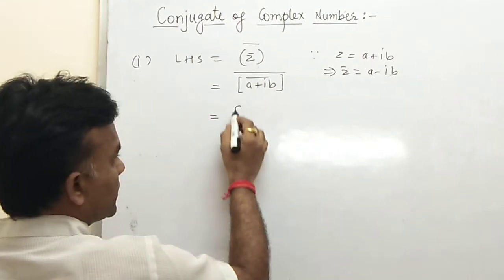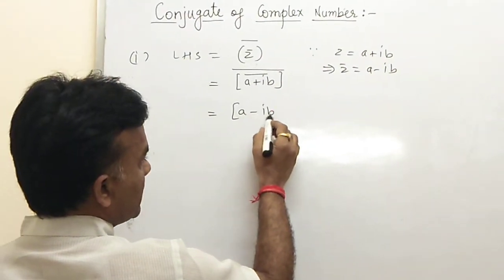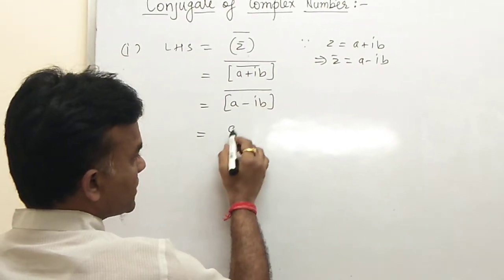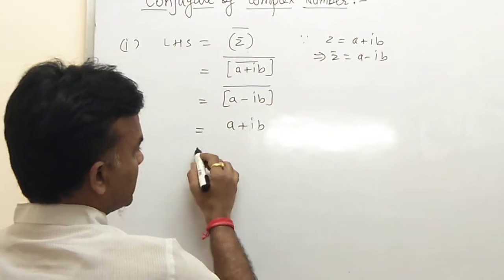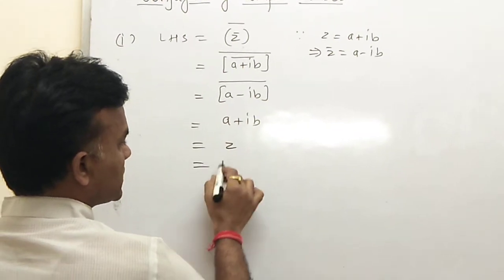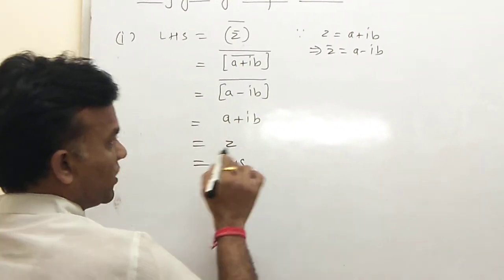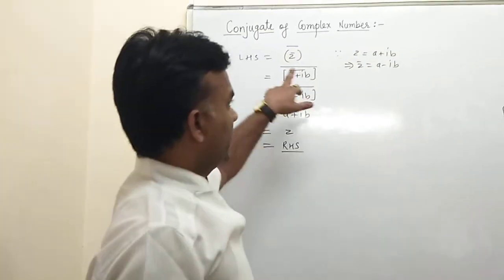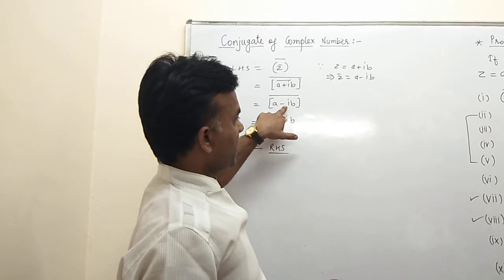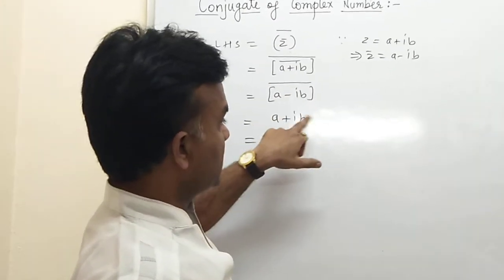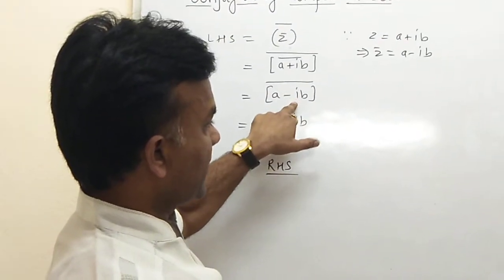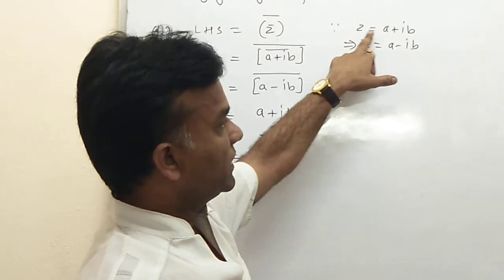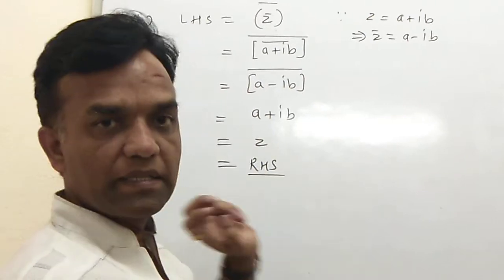So inside you have a minus ib, and now again bar, so again the sign changes and you have a plus ib. This is z, so this is the RHS. One time the conjugate changes the sign of i to minus, and again the conjugate changes it back, so it is converted into the same. So a plus ib is z.